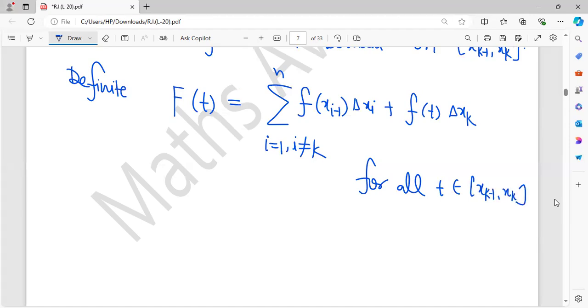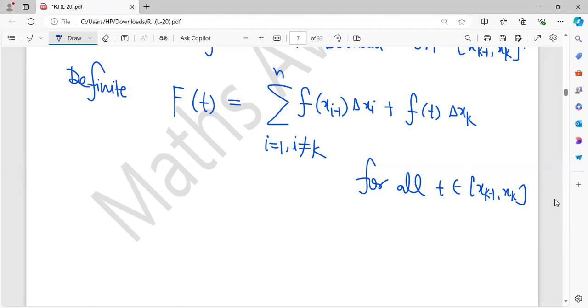Now we have fixed base quantity. Okay, we have fixed here xi-1 for i not equal to k, and we are taking variable t here. Okay, so these things are fixed and delta xk is fixed.